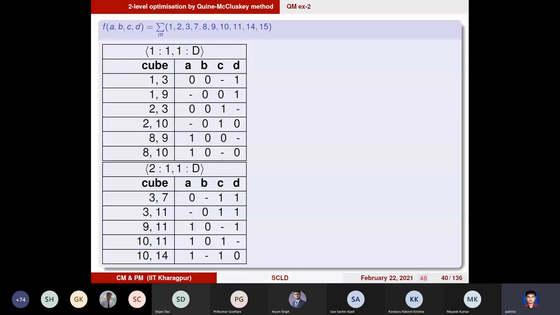Now let's combine the cubes with 2 1s and 3 1s and have 2 dashes. This is a second level cube.